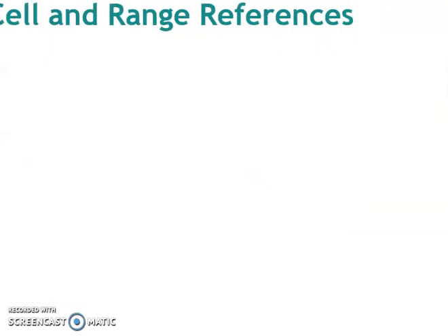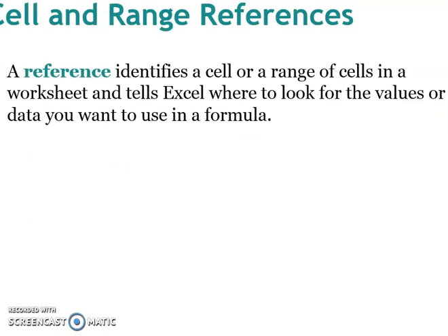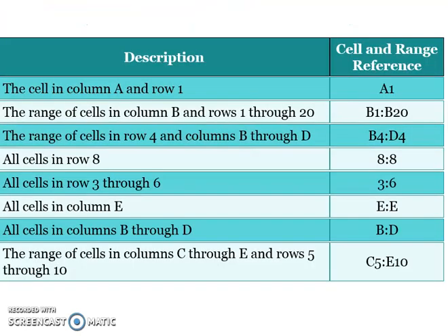What are cell ranges and cell references? References identify the range of cells in a worksheet, to look up where the value belongs. I already showed examples on the first slide, and today in this slide I'm going to describe what these cell ranges and references mean.